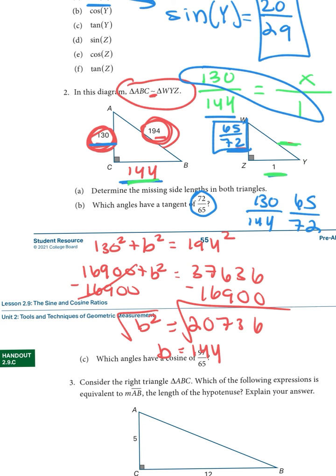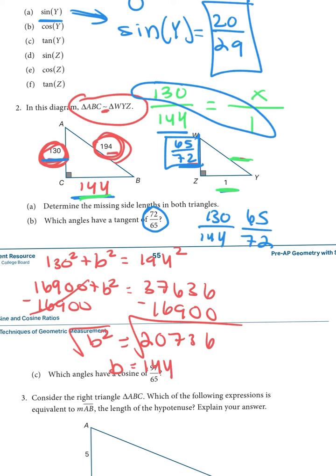Okay, so if I have 194 over 144, and I don't know what this one is. These are the corresponding sides. I don't know what that is, but I know that this is 1. So all I have to do is multiply 194 times 1, which is 194, over 144.